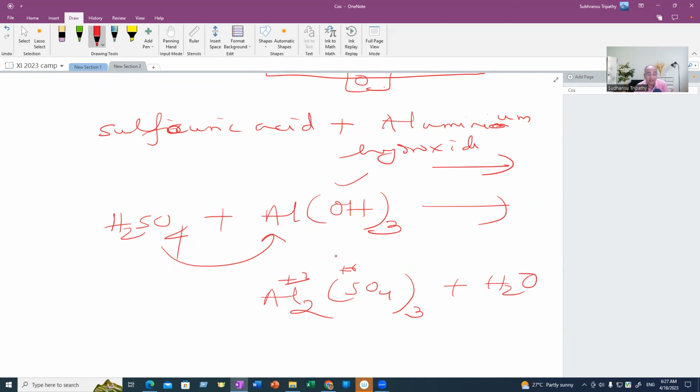But if you don't write the correct formula, you can break your forehead on a big piece of stone, and cerebellum, cerebrum, and medulla will all come out, but you can't balance if you write a wrong formula. So formula writing is very, very important, which students often don't bother about.